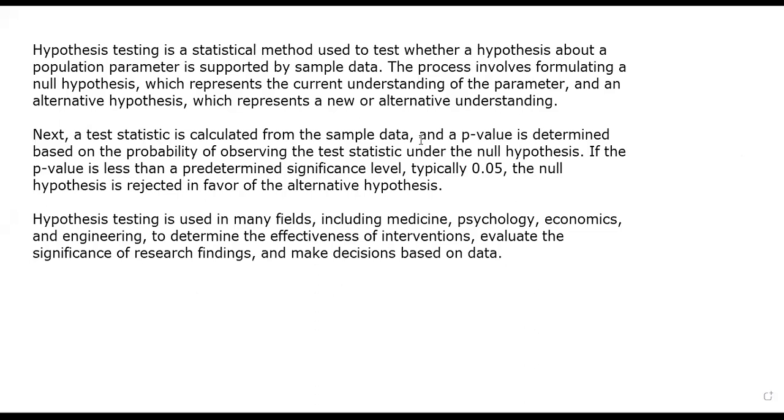After you're done with the hypothesis testing, you need to state the level of significance. And then you need to test the statistic using what we call the calculated Z. We also will determine what is called a p-value, which is based on the probability of observing a test statistic under the null hypothesis.